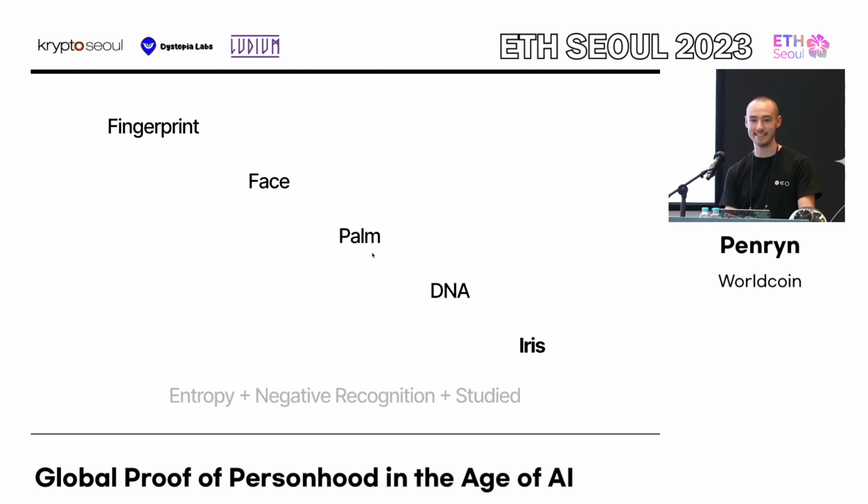We also looked at DNA, which is highly invasive. It tells you a lot about who a person is. You can determine things like race and sex from that, for example, and that's not what we want. So we settled on iris scans, right? It has a high enough level of entropy to determine 1 in a billion people. It's been highly studied.